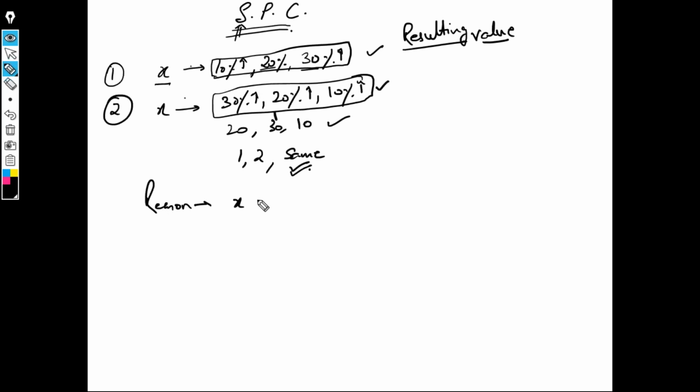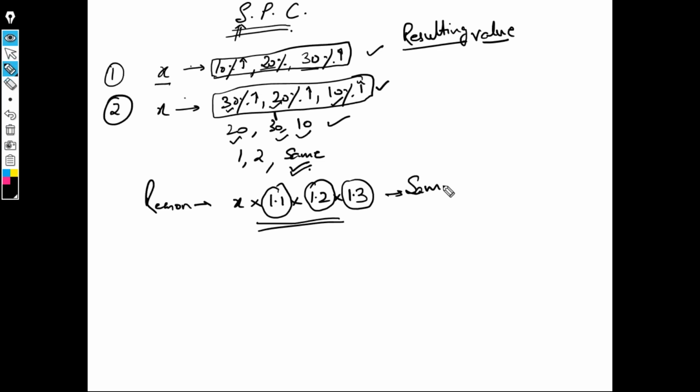that if you increase x by 10%, the multiplying factor is 1.1. If you increase by 20%, the multiplying factor is 1.2. With 30%, it is 1.3. So whatever order you are going to choose, can I say that the multiplying factors are always going to be the same? So in whatever order you multiply them, the result is always going to be the same.